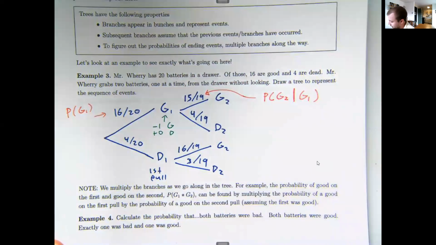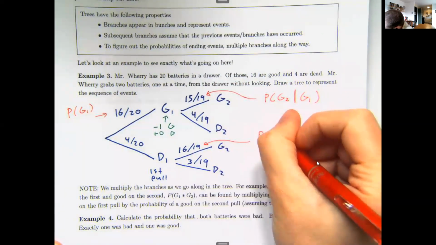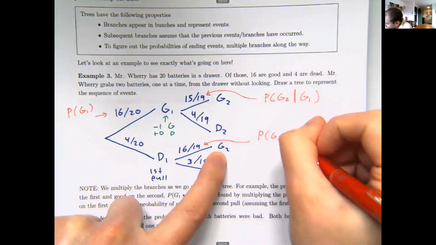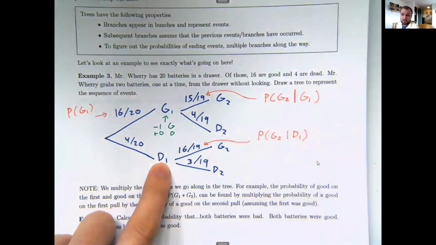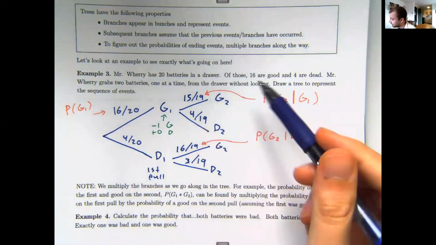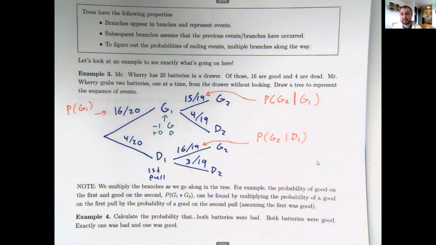This probability that I have here, for example, is the likelihood that I get a good on the second if I started out with a dead battery on the first pull. And you can see how the probability of getting a good battery really depends on what that first pull looks like. It is keeping track of those changing likelihoods. This is how I make the tree.